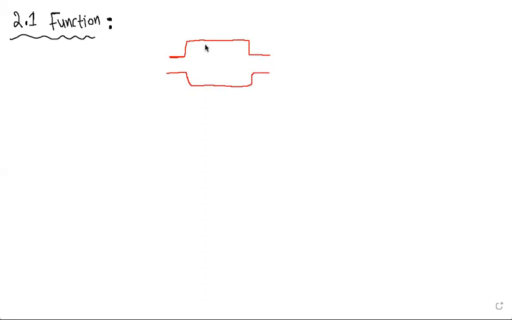So this machine is my function. I'll call the function f, denoted by f. So it has input, x value, and it has output. This value goes inside the machine, then will give me output, f of x.